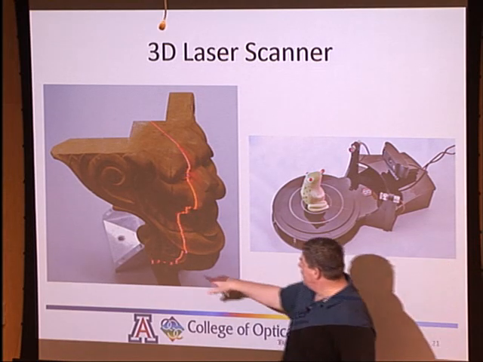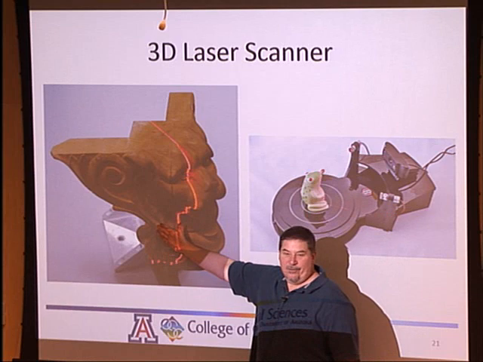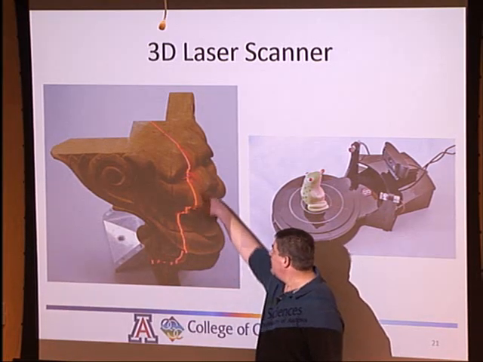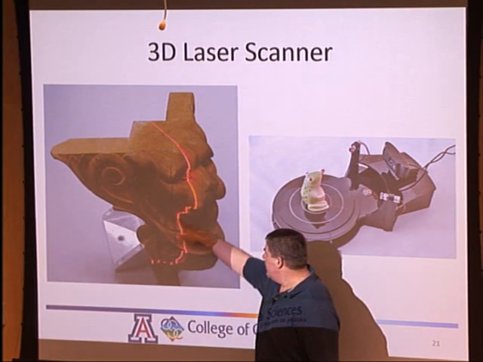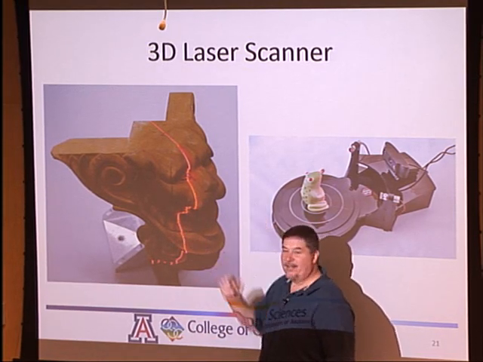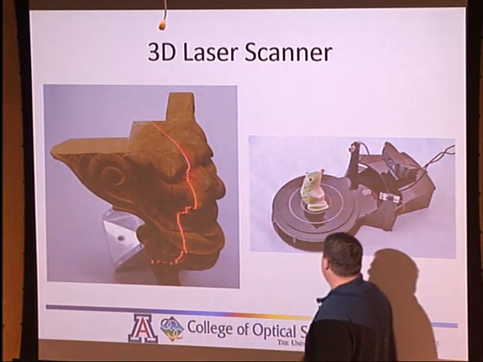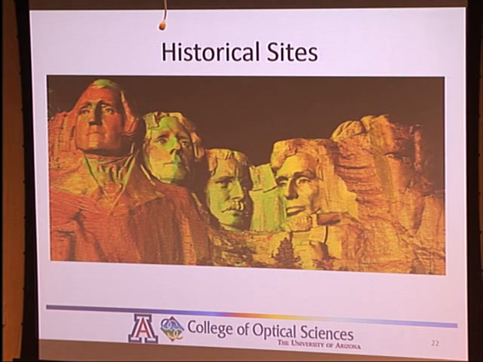So you can think about here, we're projecting a plane slicing through the surface, and this is defining the intersection of the plane with that complex surface. By knowing these points, we can build up the surface, and then we can scan this across the surface to recreate the scene.